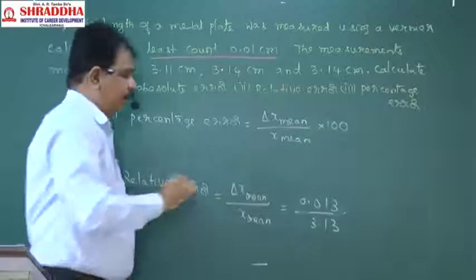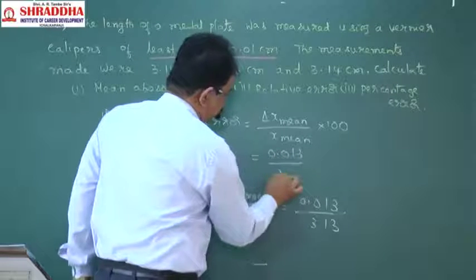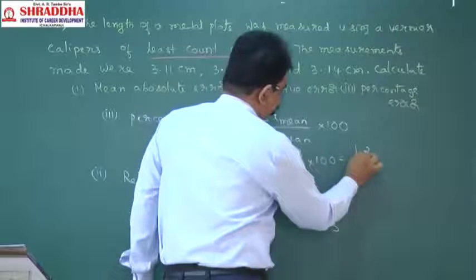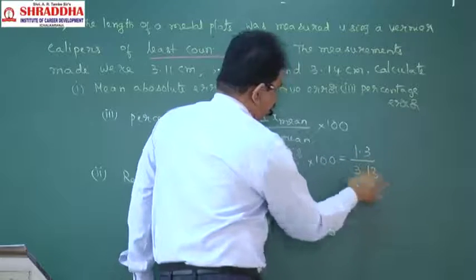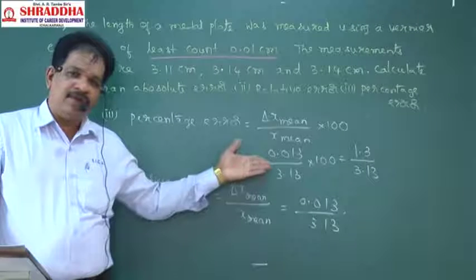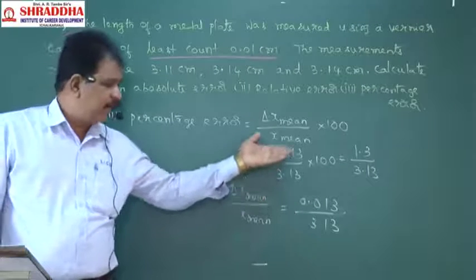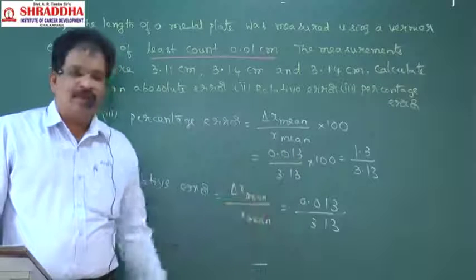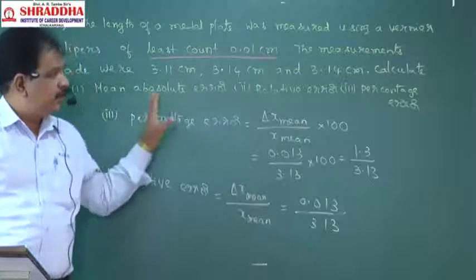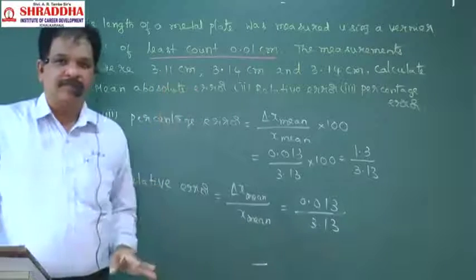So 0.013, so this value is 1.3 by 3.13. Yes sir, if you want to calculate, definitely you calculate. The calculation is too lengthy, just leave it there, that is also okay. Clear? This is one model relating to the errors.